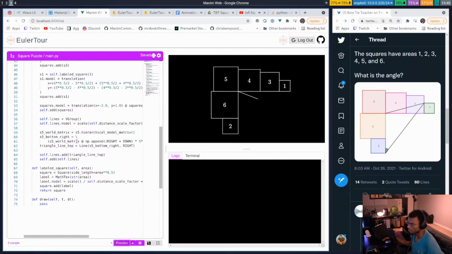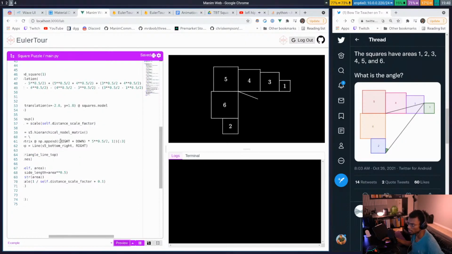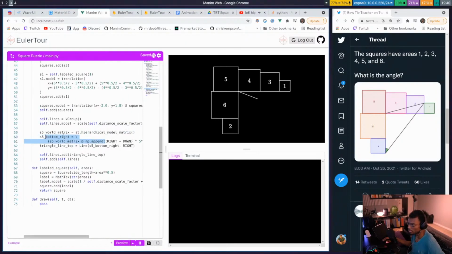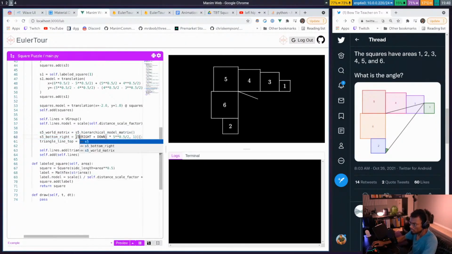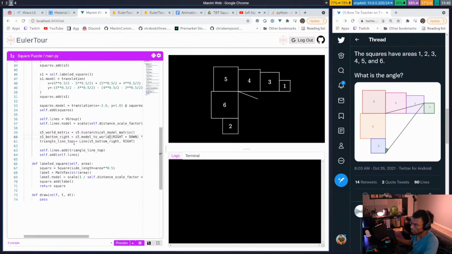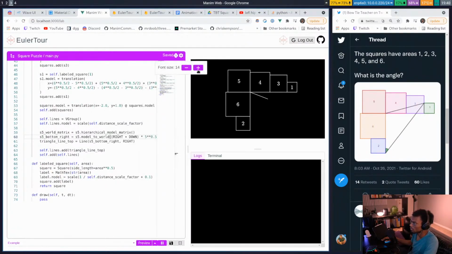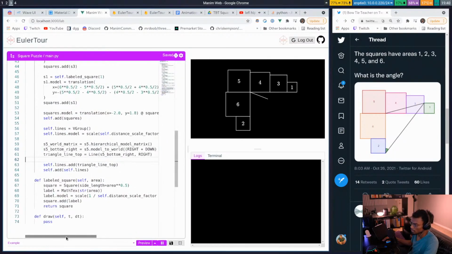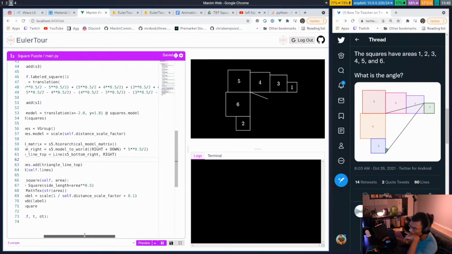Now S5 bottom right, this should just be S5 dot model to world of this. Okay.